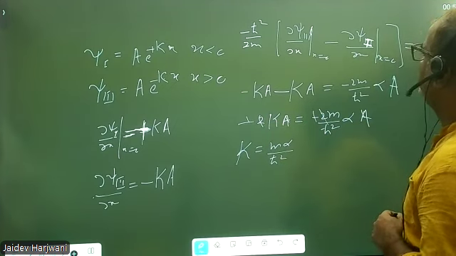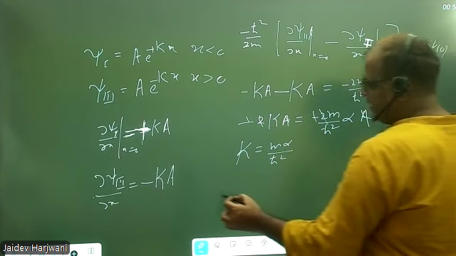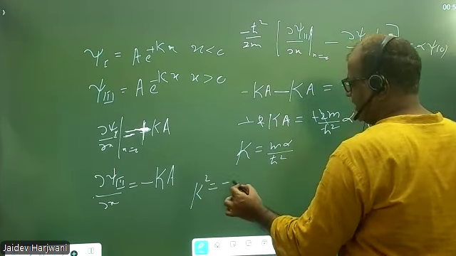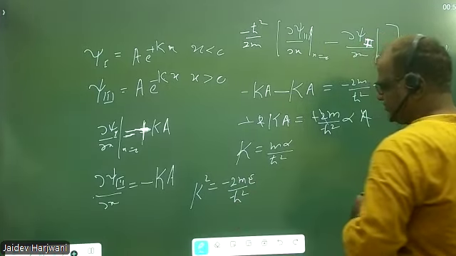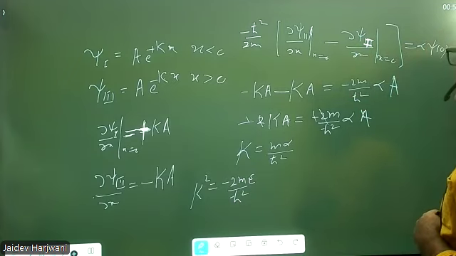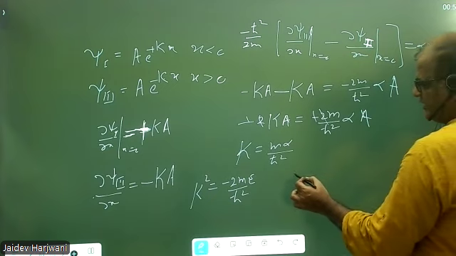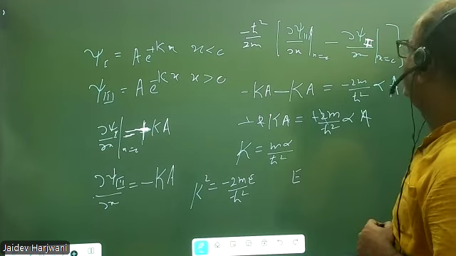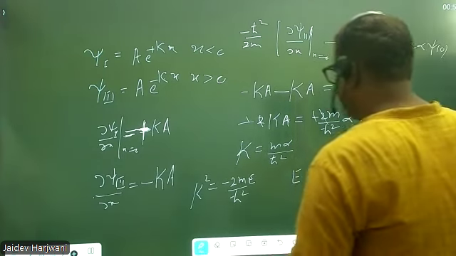And we know that kappa square is equal to minus 2mE upon h cut square. So from here, I can write my energy, del psi upon del x. So kappa will be here. So my energy will be what?